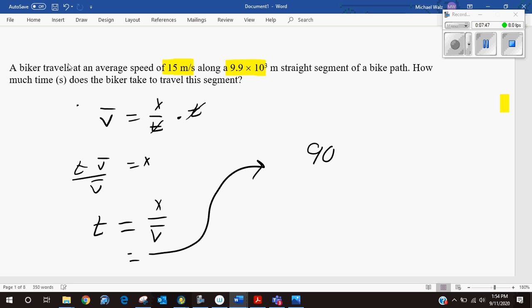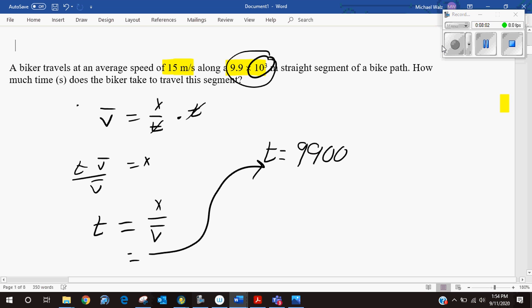Do you know how to expand numbers? Or would you like me to refresh your memory on that from the exponents? Okay. If you look at 9.9 times 10 to the third, what that means is you're multiplying times 10 three times.